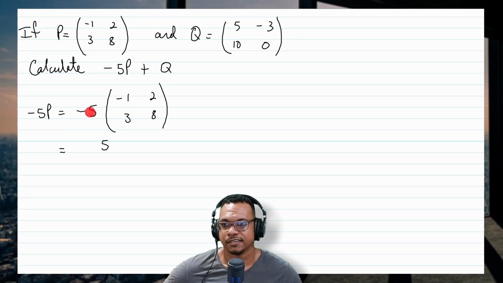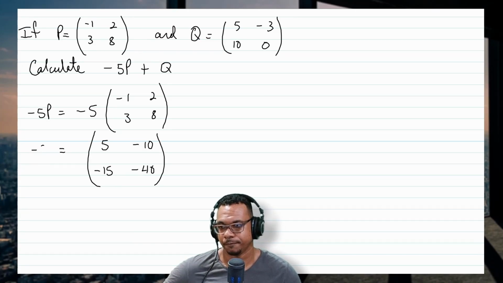All right, -5 by 2, signs are different, so the answer is going to be negative, so you're going to get -10. All right, -5 with +3, signs are different, so the answer is negative, so you're going to get -15. And then we have -5 by +8, signs are different again, so we're going to get a negative answer. So 5 by 8 is 40, so -40. So that's your answer for -5p.